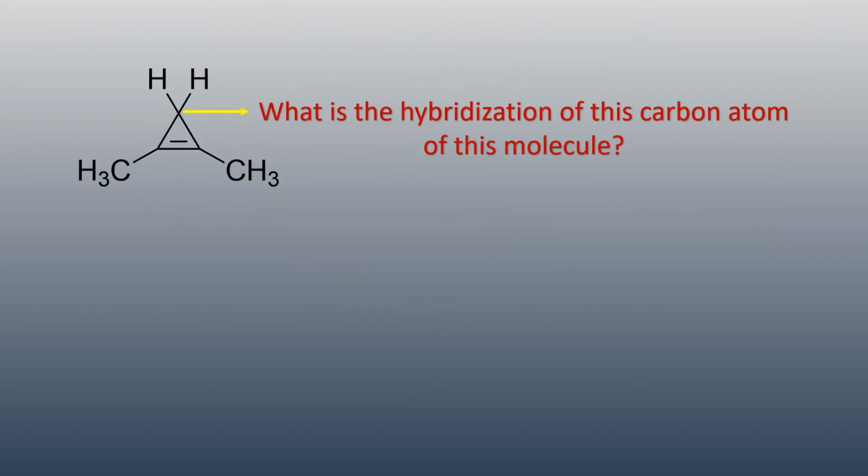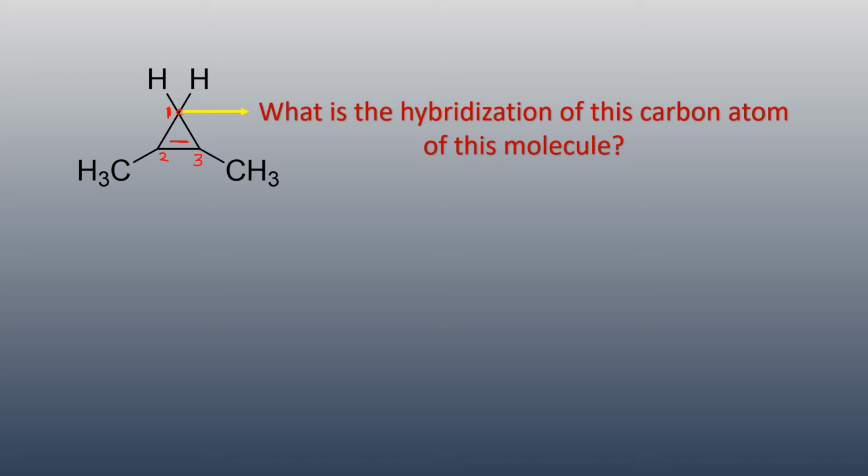So now this molecule is a 3-membered ring having a double bond here. So just numbering 1, 2, 3, there is a double bond between 2 and 3, and we have to find out the hybridization of this carbon 1.